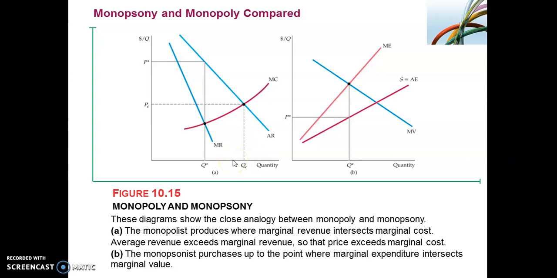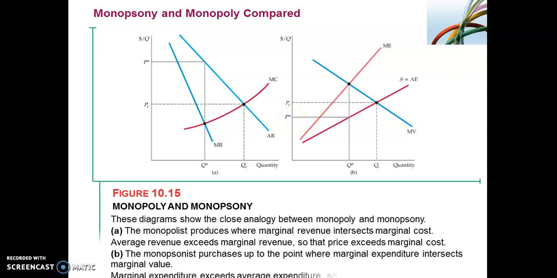Now, if we turn our attention to a monopsonist and do the same sort of comparison, for a monopsonist, we determine the quantity where marginal value and marginal expenditure are equal. Therefore, the quantity for the monopsonist is going to be Q star. And if we trace that up to the supply curve, the price is going to be P star.